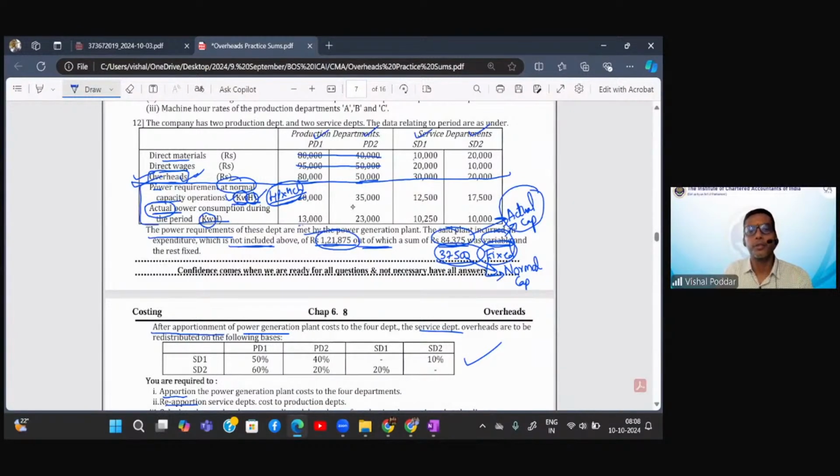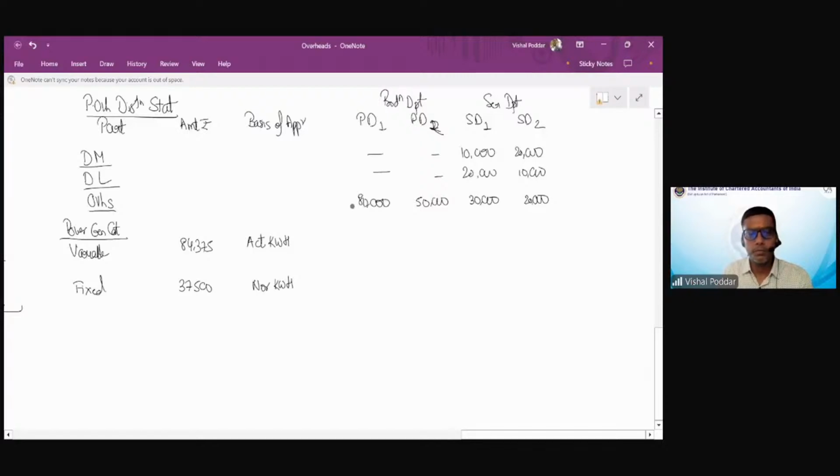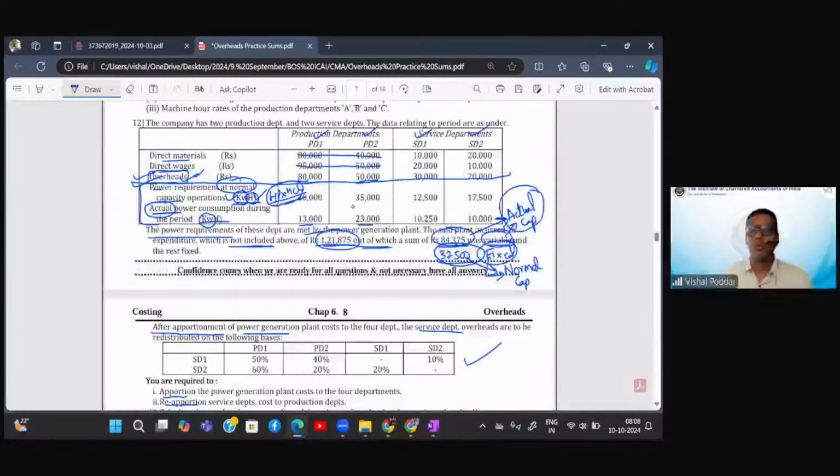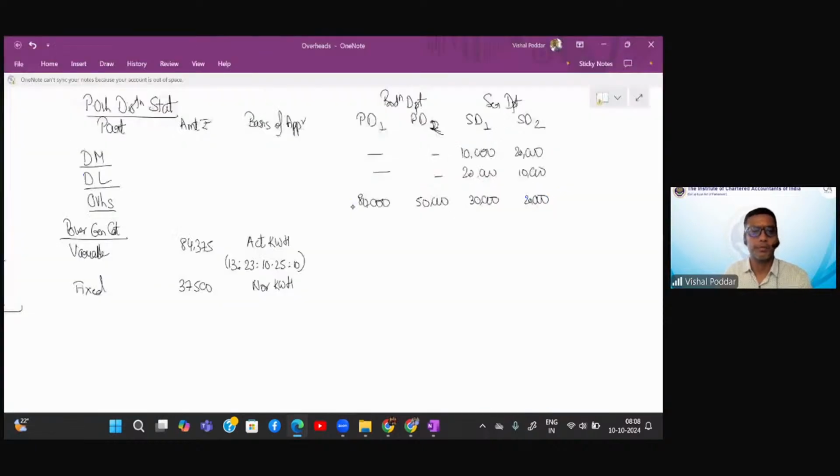Actual is 13 is to 23 is to 10.25 is to 10. So it is 10,250. So 10.25 is to 10. Then this is 20, 35, 12.5, 17.5.